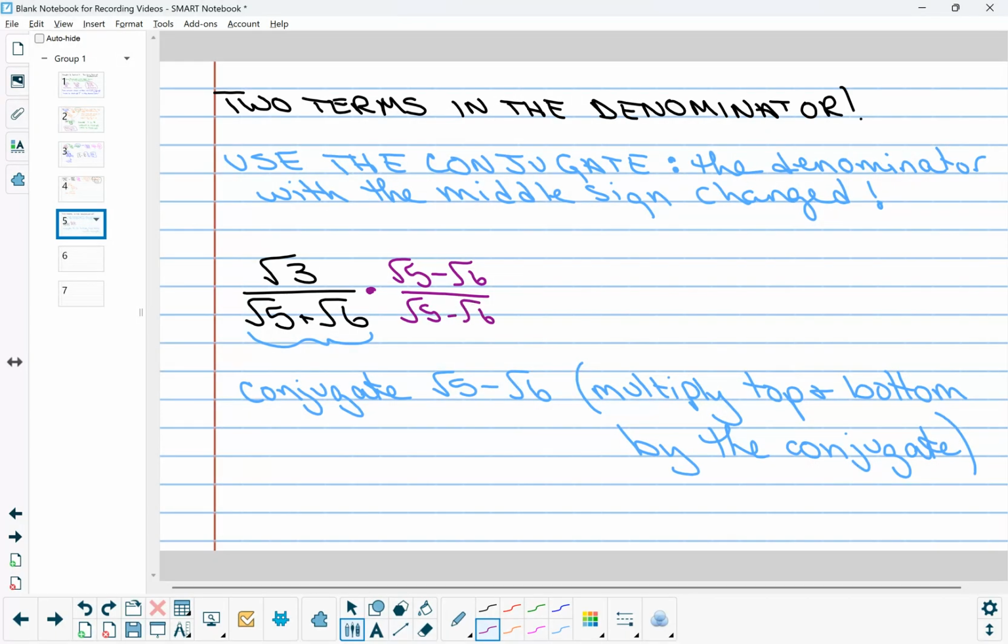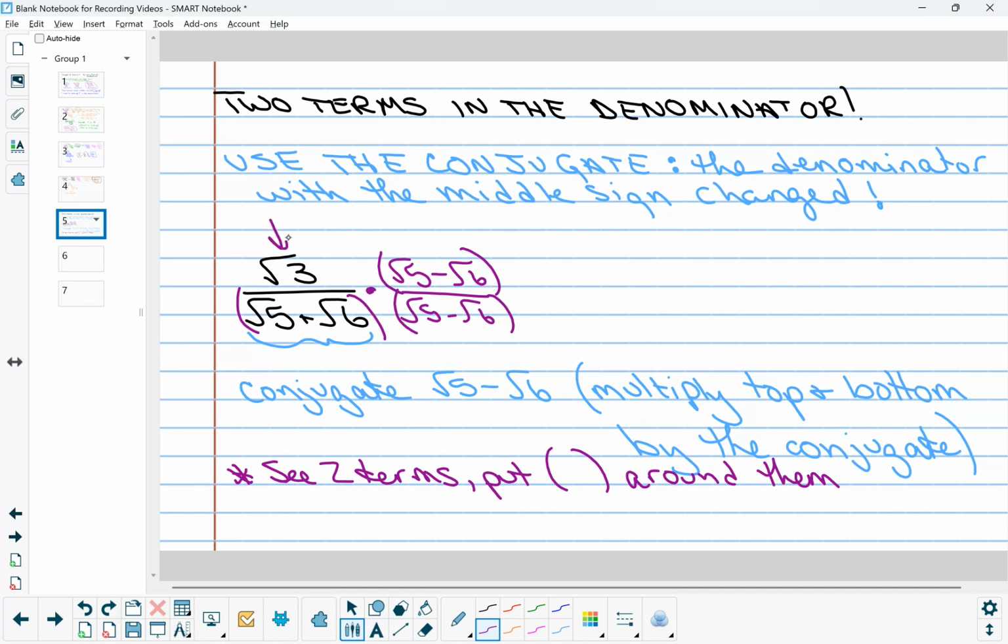Now, do me a favor, and whenever you see 2 terms, please put parentheses around them. I'm going to try to squeeze this all in here. I don't know if it's going to work or not. Okay, there's only 1 term right here, so I'm not going to put parentheses around that, but I'm going to distribute on the top.